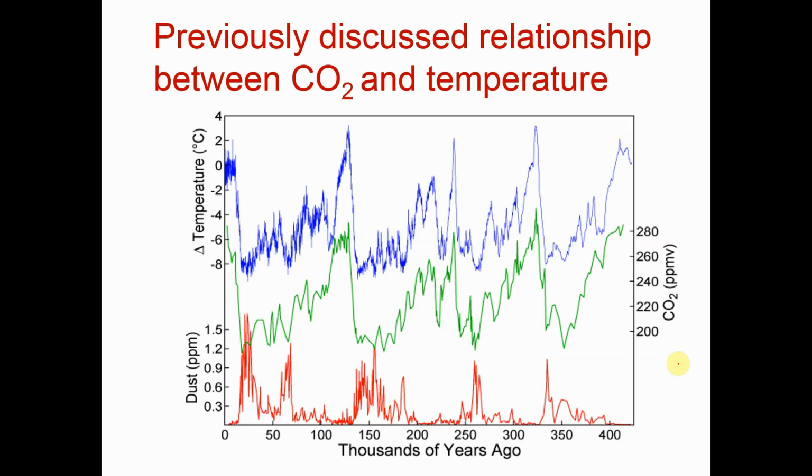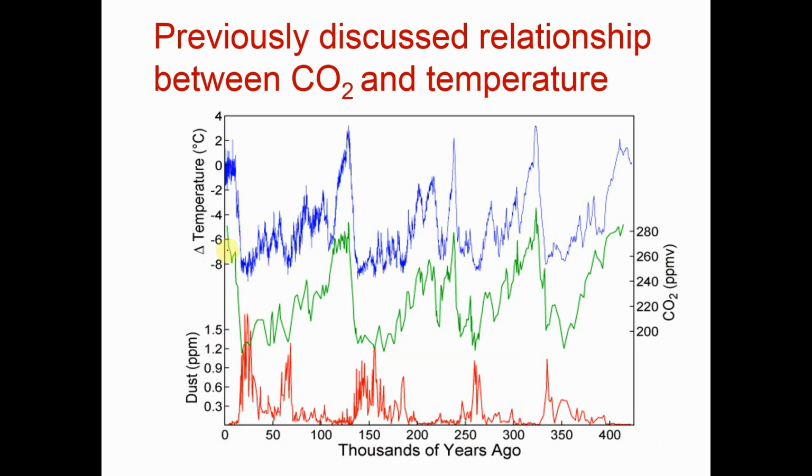Because in class previously, we discussed and looked at the relationship between CO2 and temperature. So in this figure here, on the x-axis, we have thousands of years ago. So this is the present day. This is going back thousands of years. We have temperature. Remember, this is taken from the ice cores. So temperature has been changing.